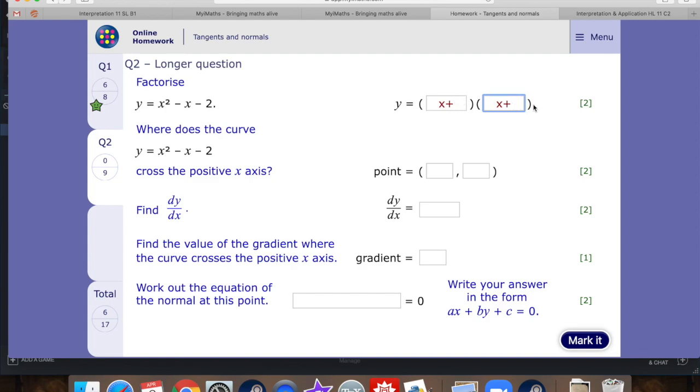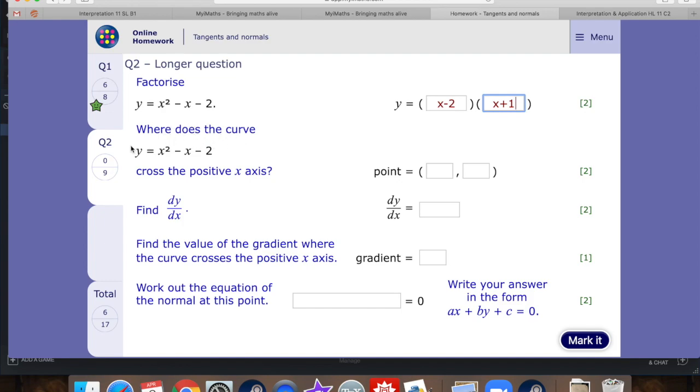Well, what 2 numbers multiply together to get negative 2, but add together to get negative 1, right? Well, it looks like minus 2 and plus 1 would work for that, because negative 2 times 1 is negative 2, and negative 2 plus 1 gives you minus 1. So I'll just have minus 2 and plus 1.